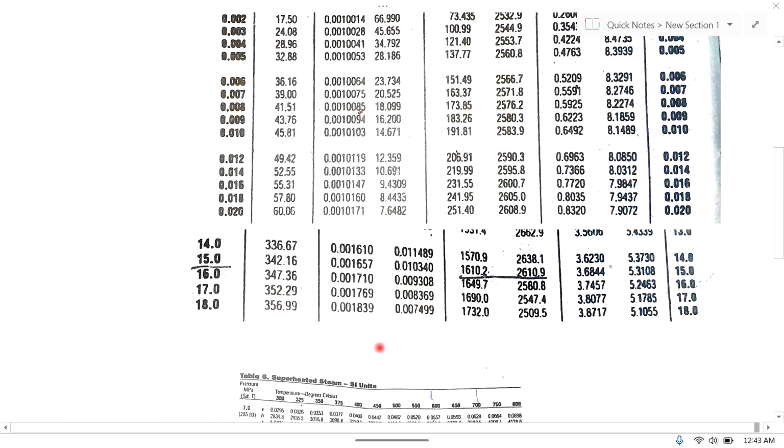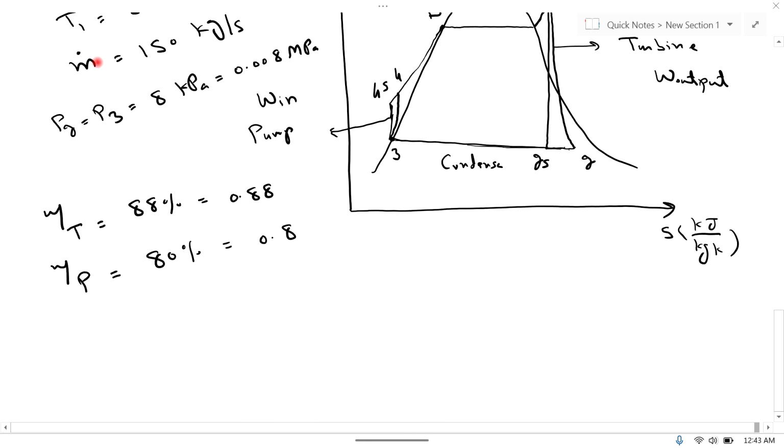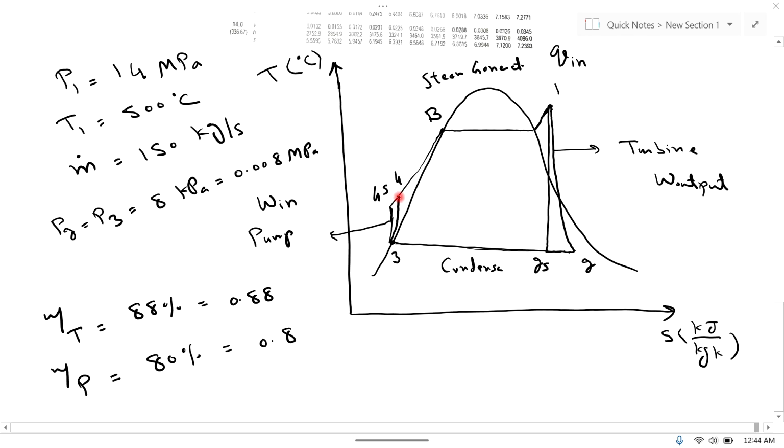Now, additionally, a total pressure drop of 6 bar occurs in the feedwater line and steam generator. So here is the pressure drop in the steam generator and feedwater line. Point 4 is the end of the pump.